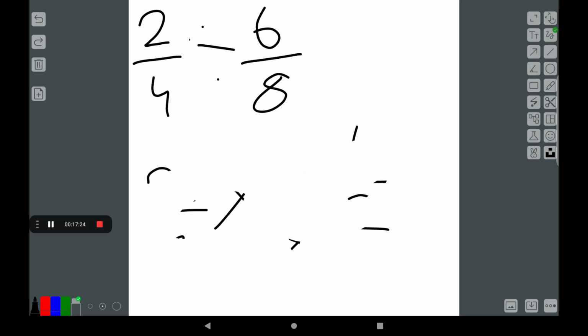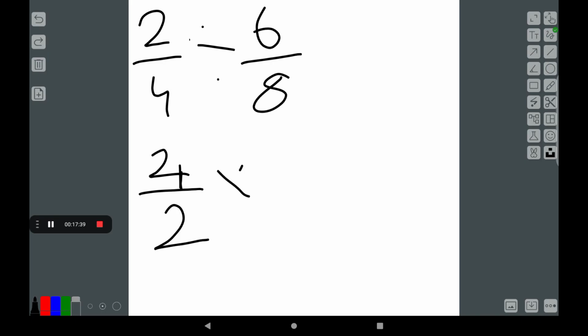So then after this all, 4/2 into 6/8. The second fraction, we do not have to take its reciprocal.